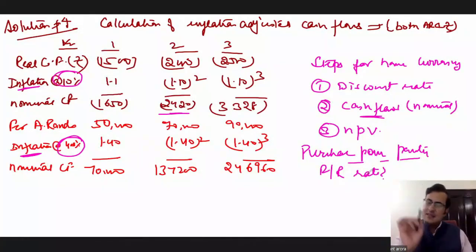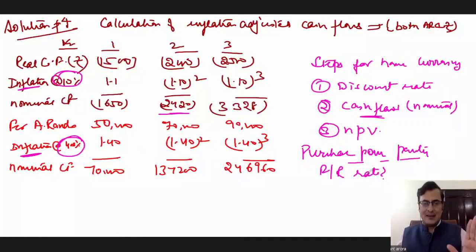The first thing we did was we calculated the exchange rate using the PPP. So 70 rupees with the impacts of the inflations. We calculated the rate, something came as, I think, 65 something, then 50 something. So this is what we are doing here also. The only difference is that there, I did not tell you that the cash inflows are nominal or real. You assume them to be nominal because in CA Inter, you never did such a concept.